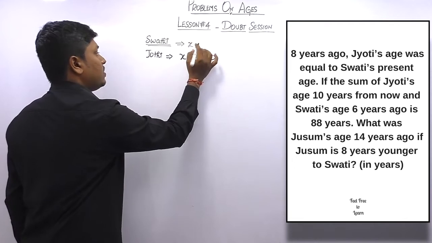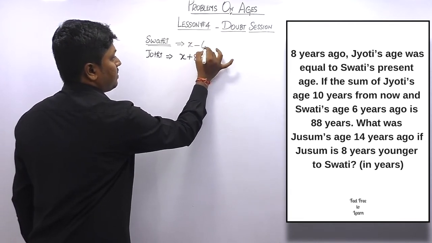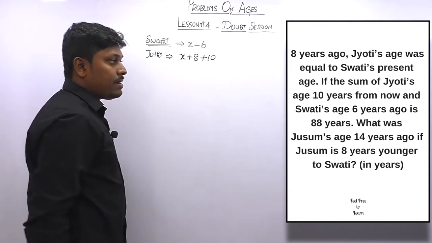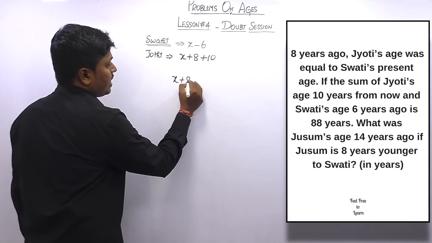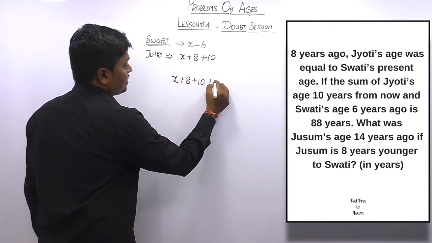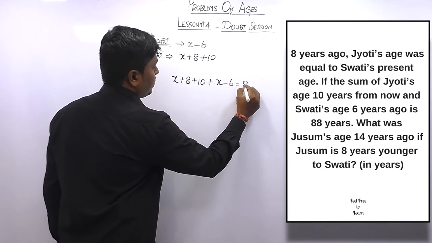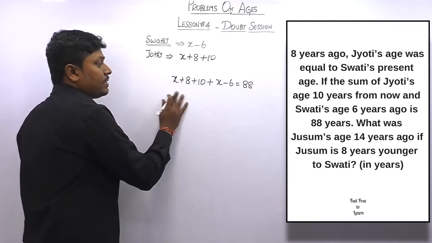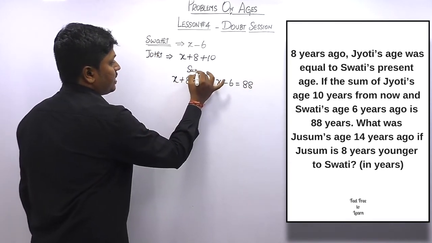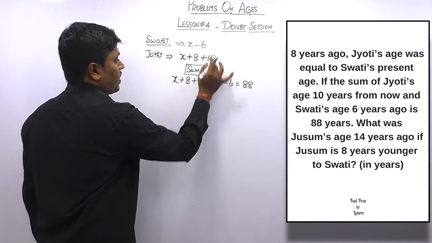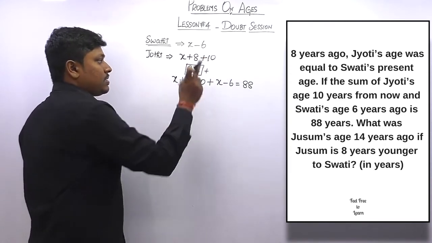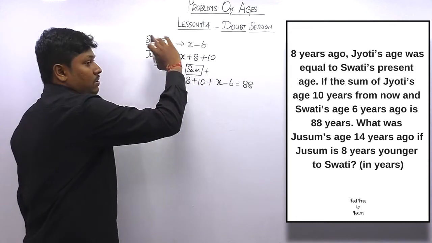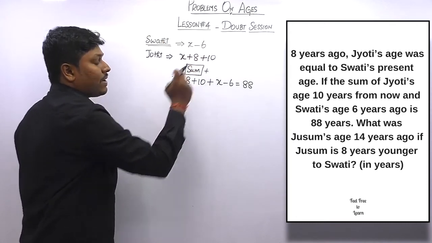So 6 years ago, they're talking about the past, so minus 6, is 88. So x plus 8 plus 10 plus x minus 6 is equal to 88. Friends, got the logic, because they are saying the sum of both the persons' ages, sum which is addition. So addition of both the persons' ages, right? So 10 years from now and 6 years ago, so we have subtracted 6 and here we have added 10.